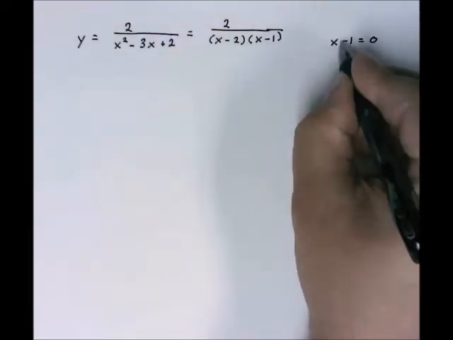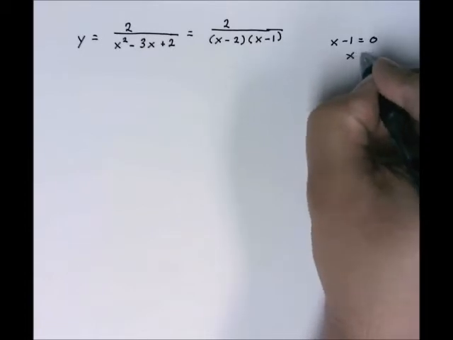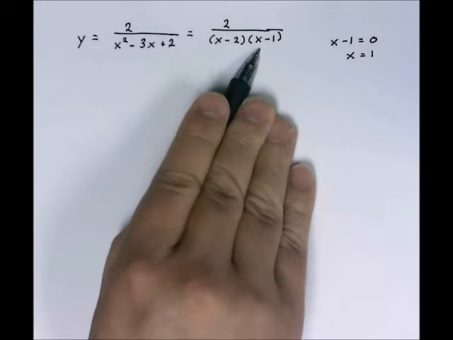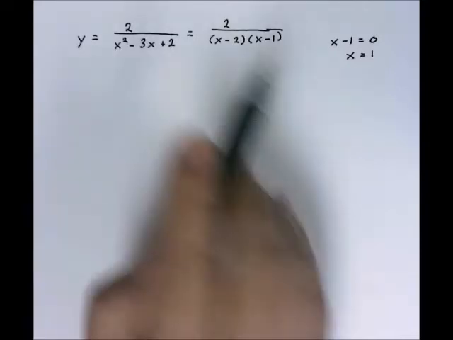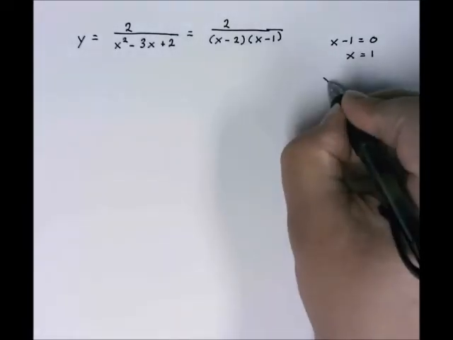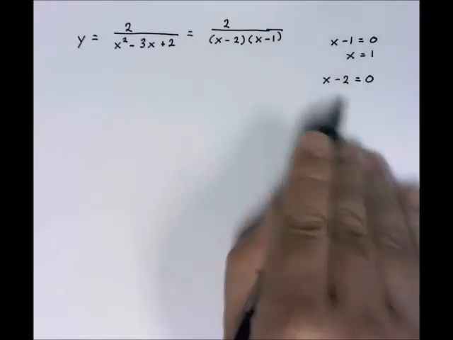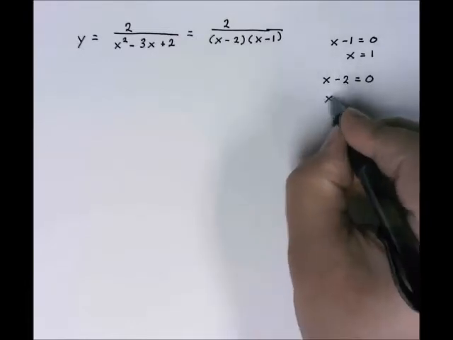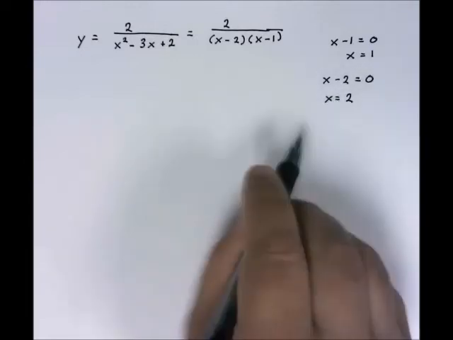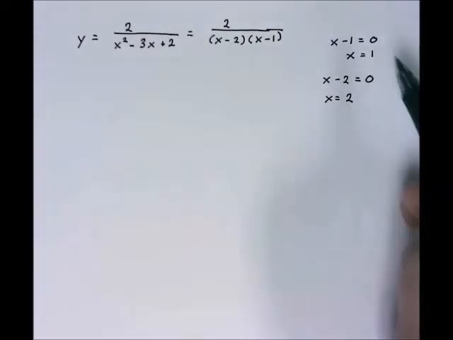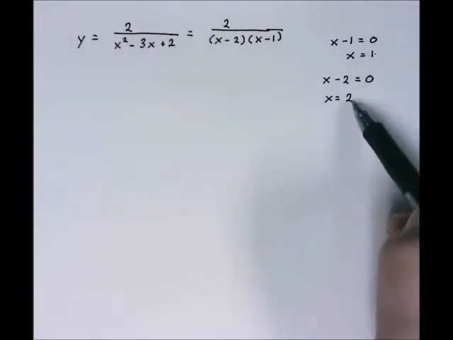All I have to do is bring the 1 over. So this factor is going to be 0 when x equals 1, so I have to exclude the 1. And let's do the same thing for the x minus 2. Just bring the 2 over. So when x equals 2, this factor is 0 and the entire denominator is 0. So I have to exclude the 1 and the 2.